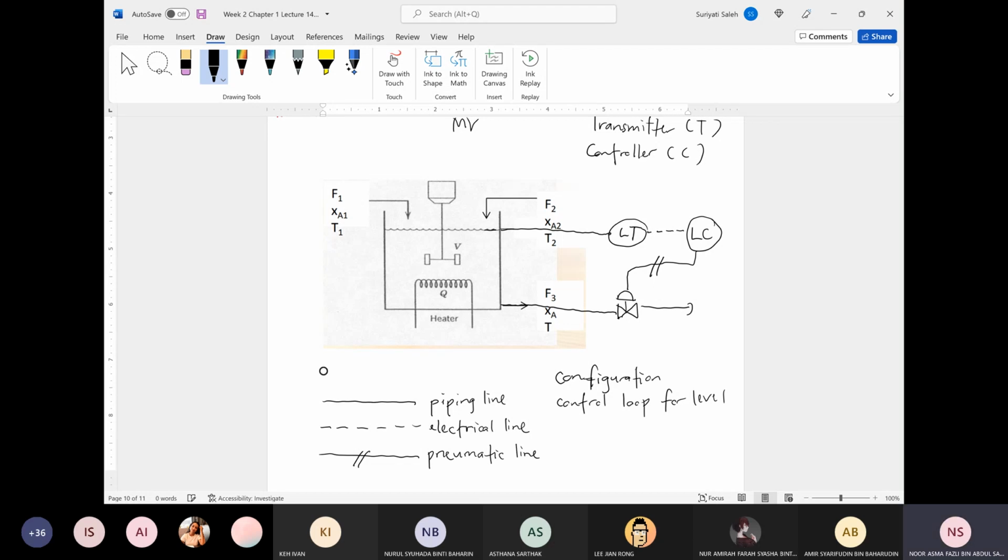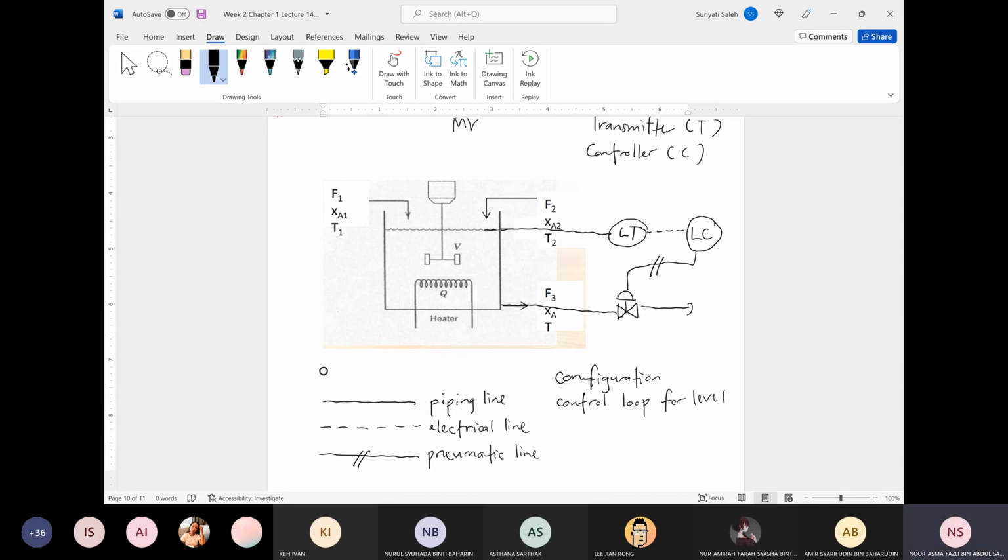So this is the general labeling for lines used in the piping and instrumentation diagram, where the piping line, the solid line, includes some of the line inside the tank to observe what is the current level.